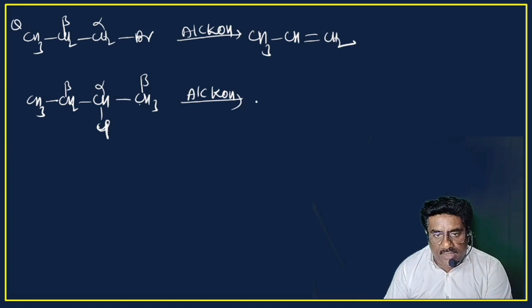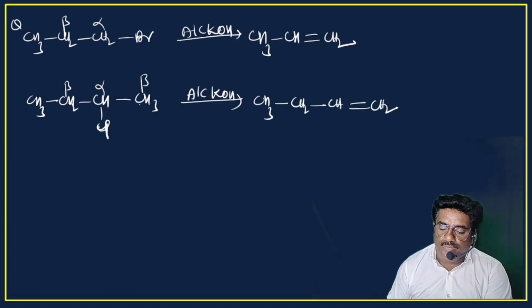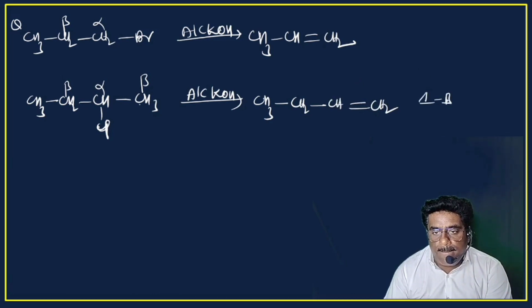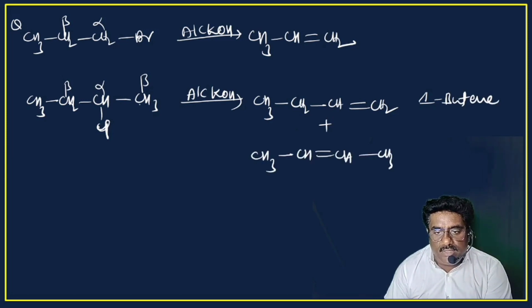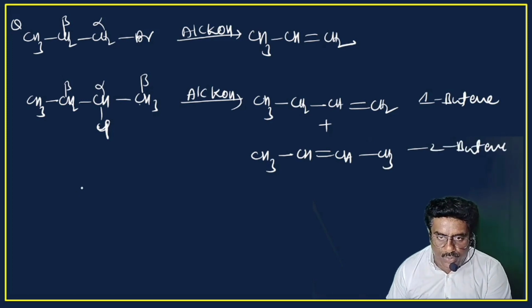CH3 CH2 CH double bond CH2, it is 1-butene. Next, CH3 CH double bond CH CH3, it is 2-butene.